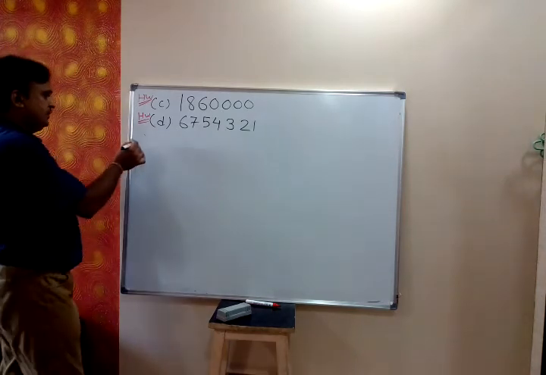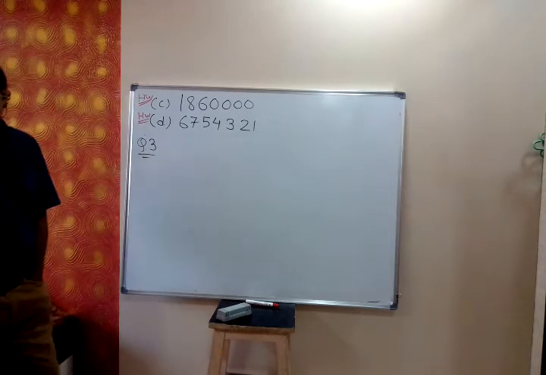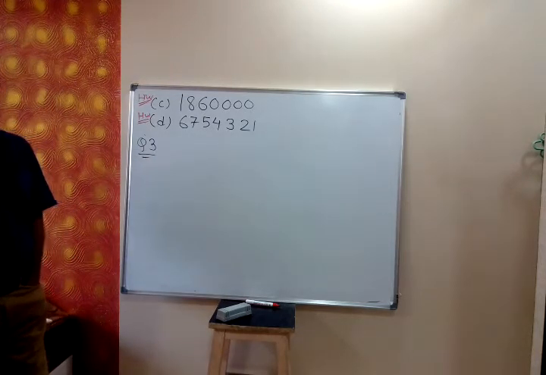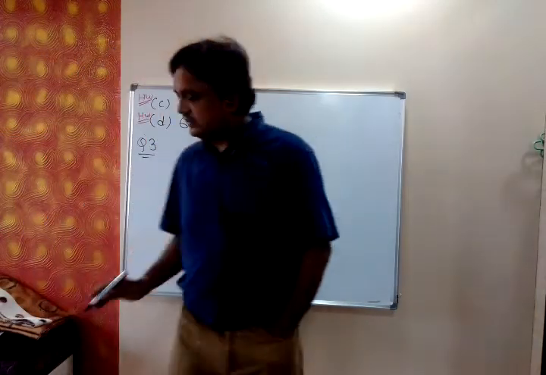Now, see. Question number 3. Write the next 3 natural numbers after 20,999.